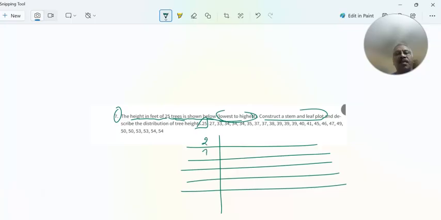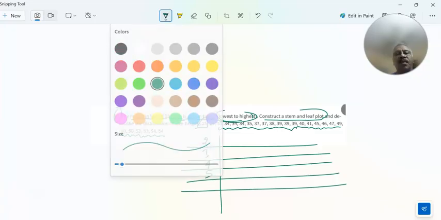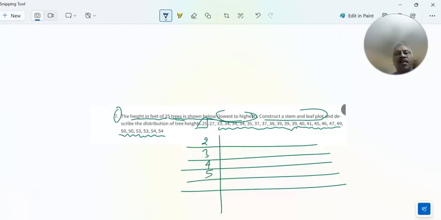Then we have 3 till here. Then you have 4 also, and the rest are 5. And then the leaf that you can put is this 25. So the 2 goes here and 5 goes right here.